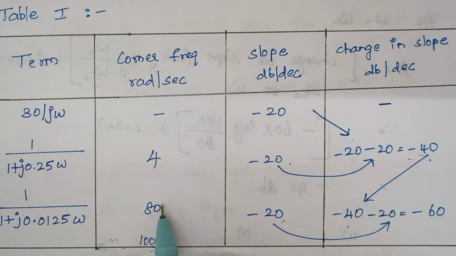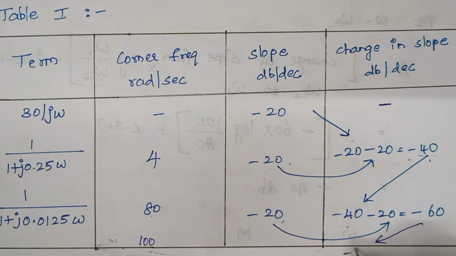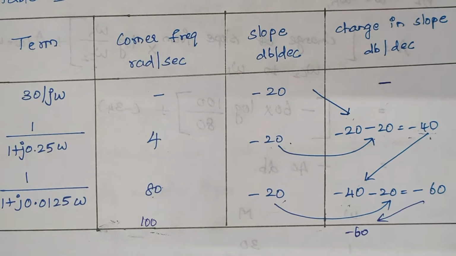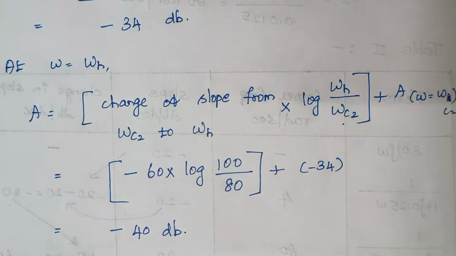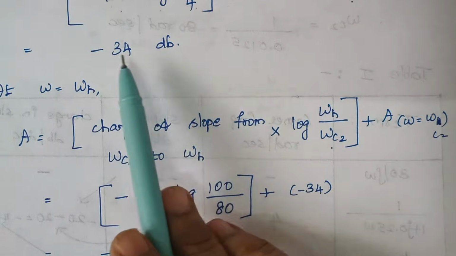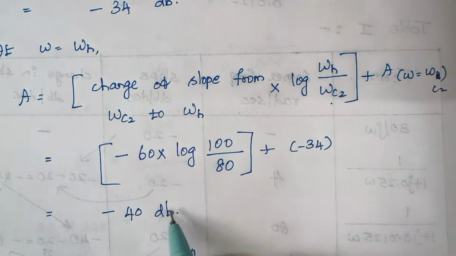So the change of slope from omega C2 to omega H is minus 60. So minus 60 into log of, omega H is 100 and omega C2 is 80, plus the previous value, minus 34. So the final answer is minus 40 dB.